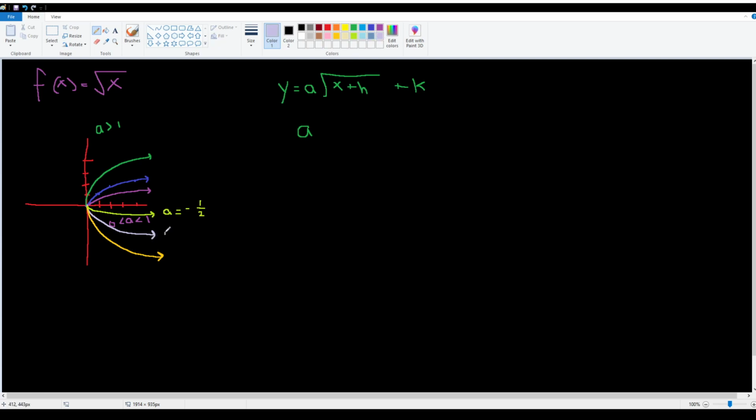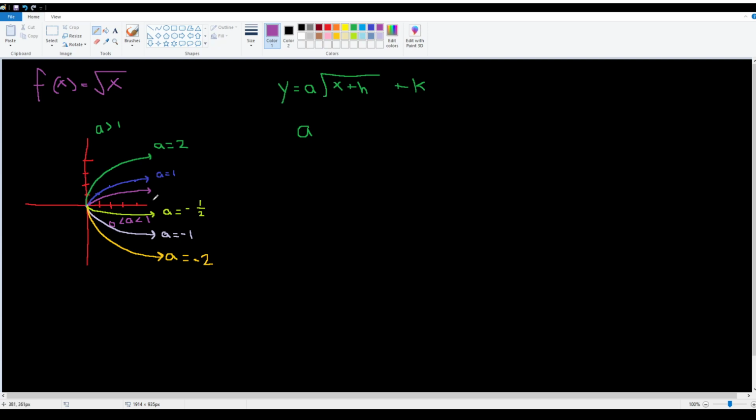This is if I have a regular A, meaning A is 1, or in this case, -1. And this one here would be if A was equal to -2. Up top here, we said this was if A was equal to 2. Here, A is equal to 1, or the parent function.